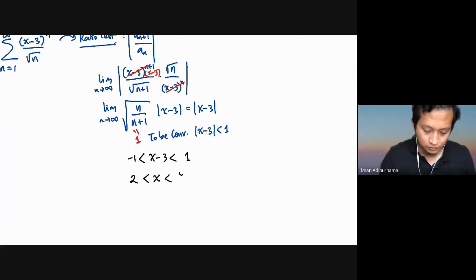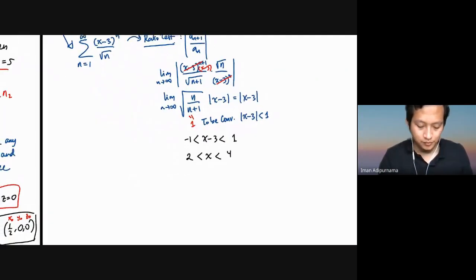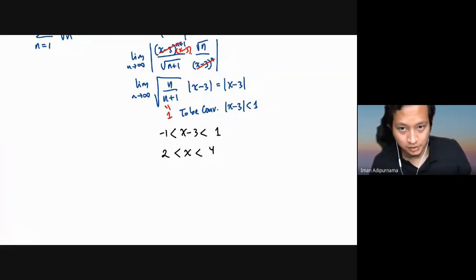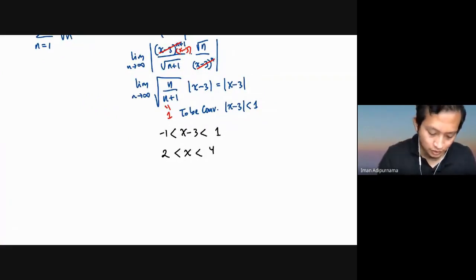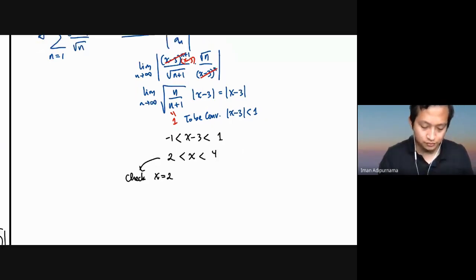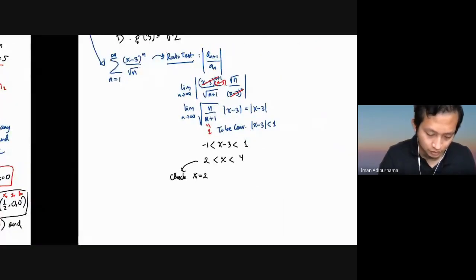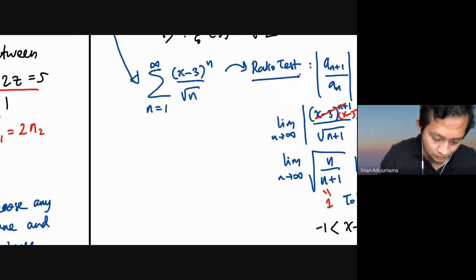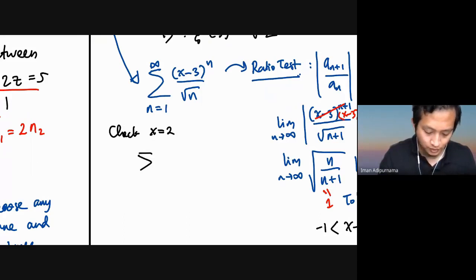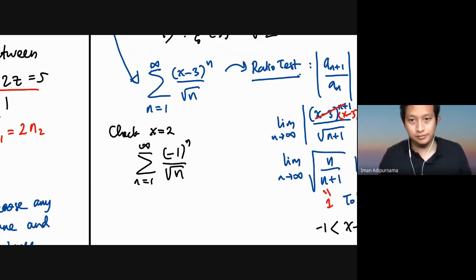So it will be 2 to 4. But it's not complete yet for the interval. So we need to check x equal 2. Let me write here: check x equal 2. This series will become negative 1 to the n over square root of n.